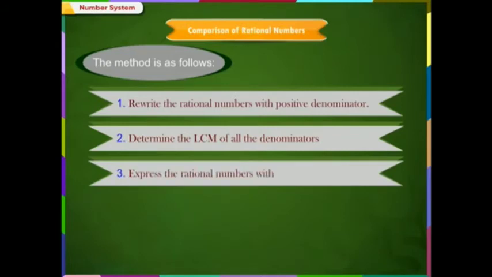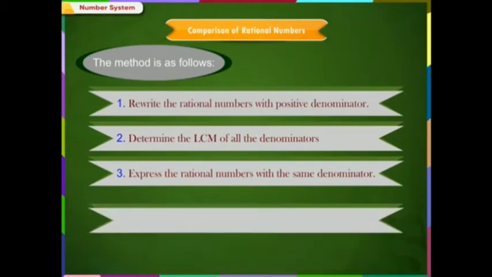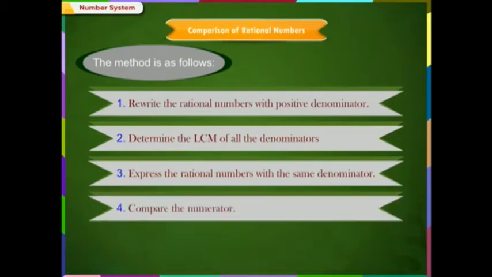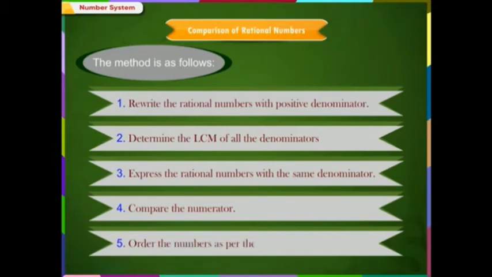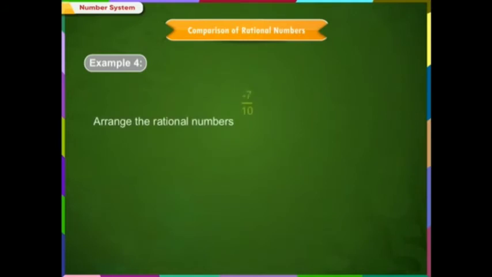Express the rational numbers with the same denominator. 4. Compare the numerators. 5. Order the numbers as per the question asked. For example, arrange the rational numbers minus 7 by 10, 5 by minus 8, 2 by minus 3 in ascending order.